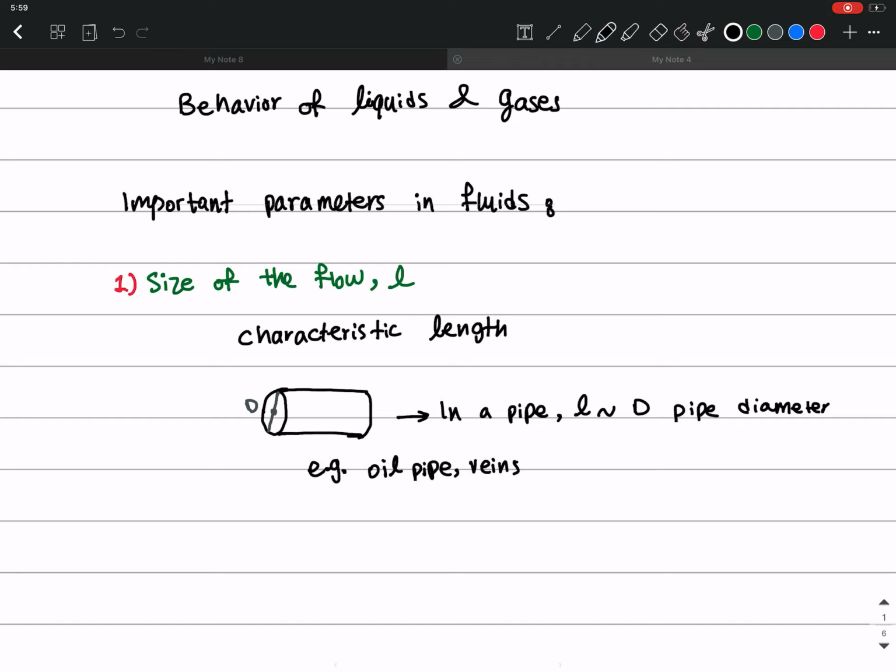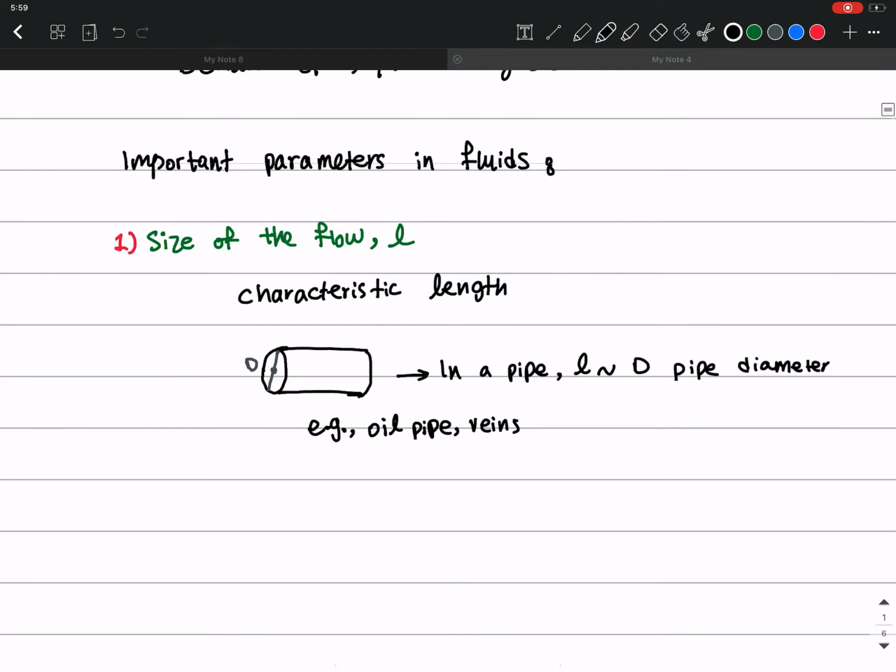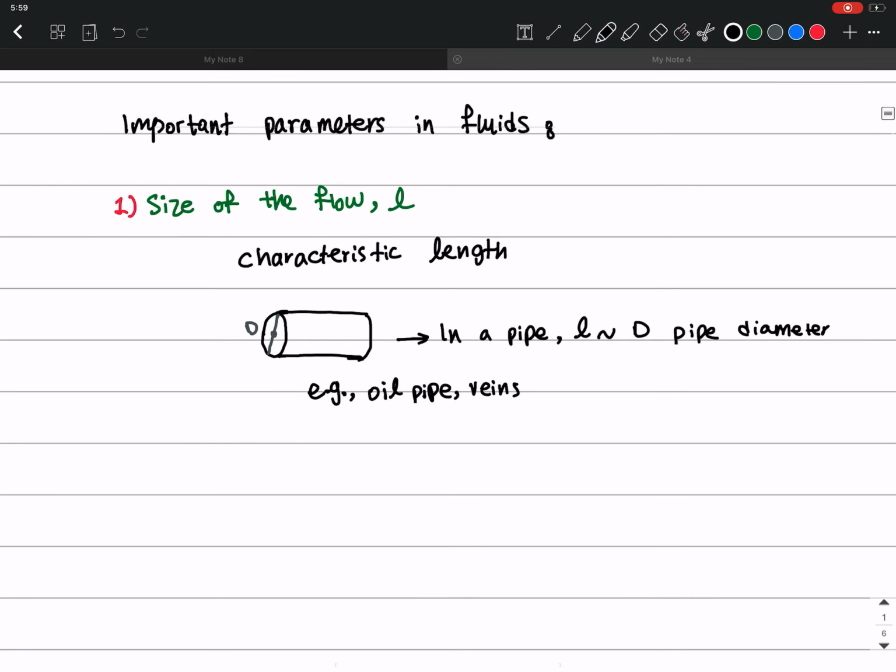The characteristic length of the flow, or the size of the flow, in this type of system is proportional to the pipe diameter. This is just one example.